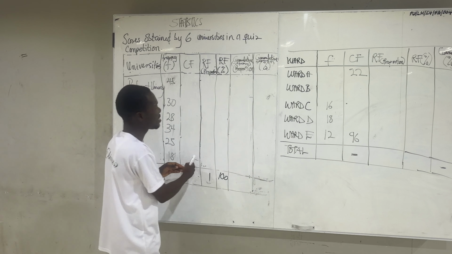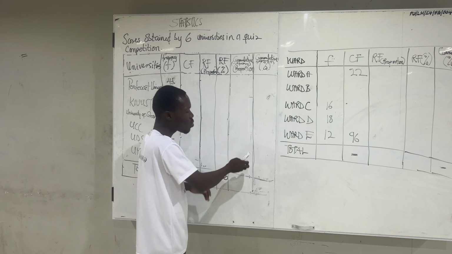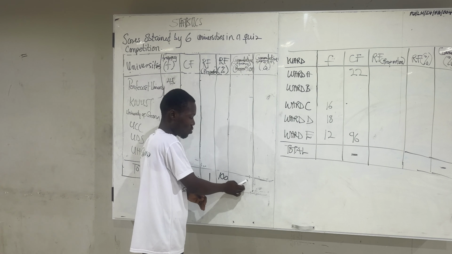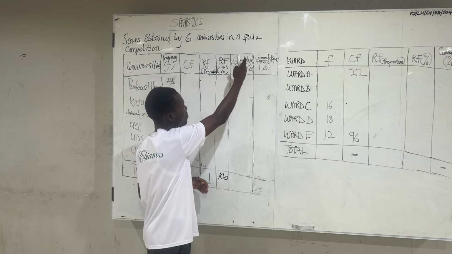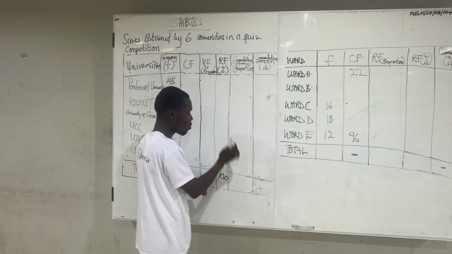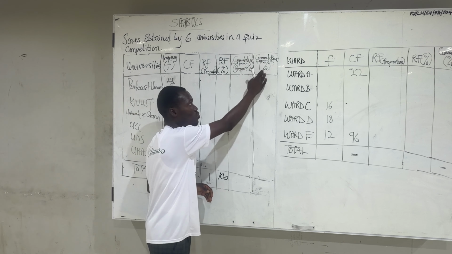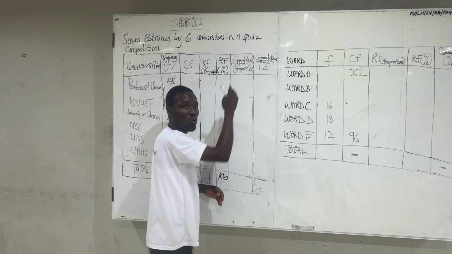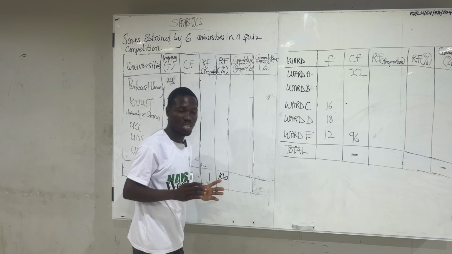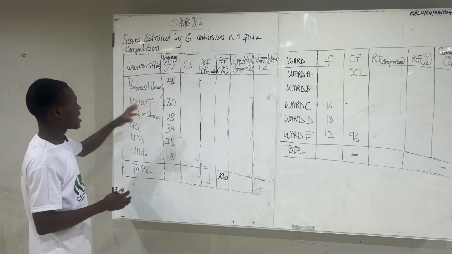The same way, the cumulative frequency in proportion will not have a total over here, but it will also sum up to one, and the cumulative frequency in percentage will give you 100. Do you get it? Okay, so now we can go ahead to solve.